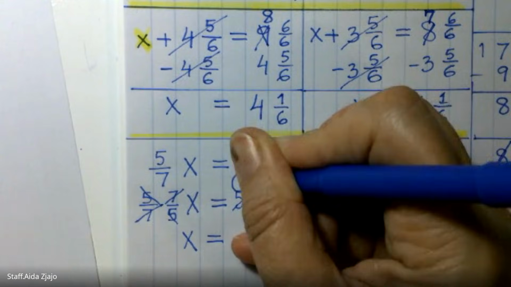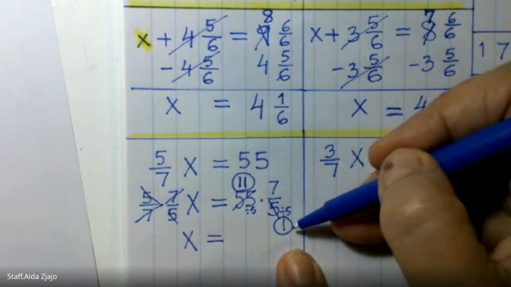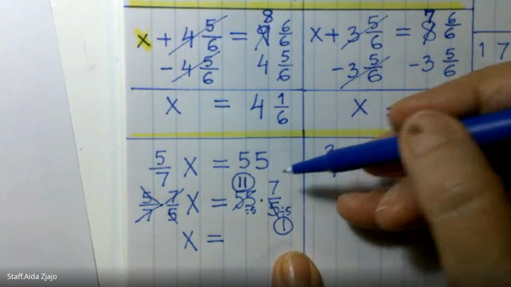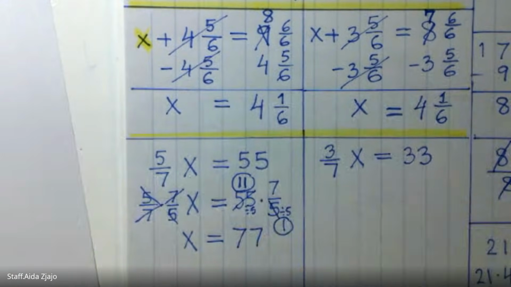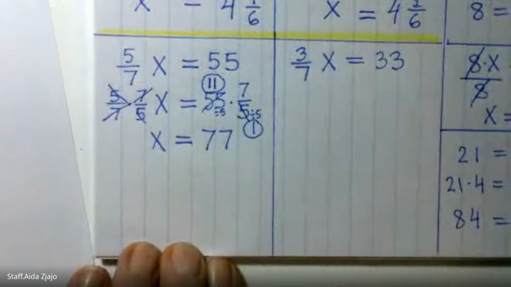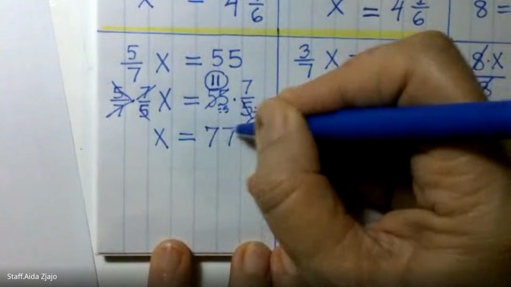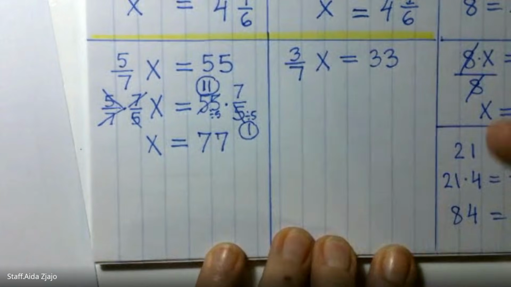So I simplify this by having 11 times 7 times 1, which is 11 times 7, and that is 77. So the one side is 77, and the other side has to be the same.